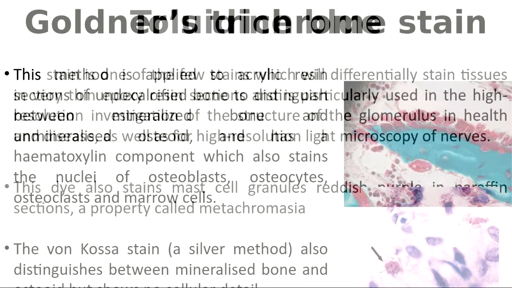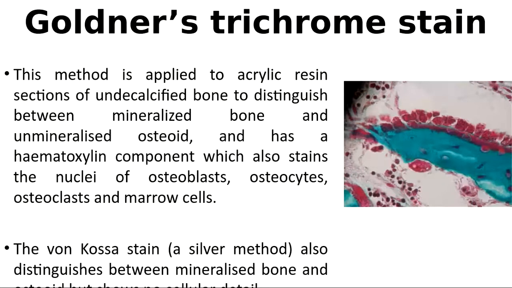This is Goldner's trichrome stain. This method is applied to acrylic resin section. If you want to differentiate between undecalcified bone and calcified or mineralized bone, we may ask what is the name of the stain to distinguish mineralized bone and unmineralized osteoid.